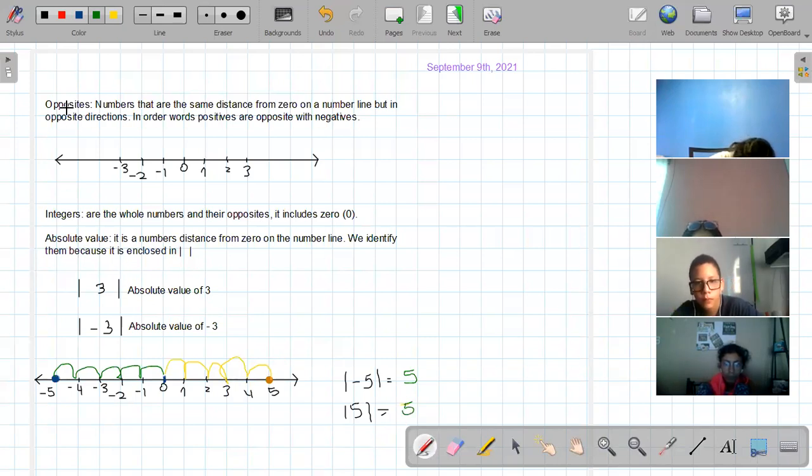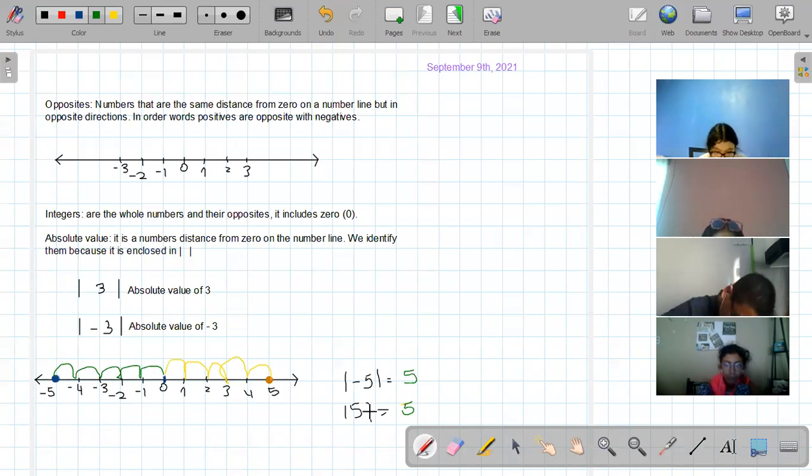So you see, opposites was correct because it says they are numbers that have the same distance. So 5 is the opposite of -5. -5 is the opposite of 5. Both have a distance of 5 between them and 0. Okay, since they have exactly the same distance, they're opposite.